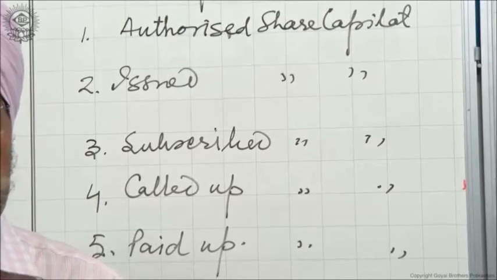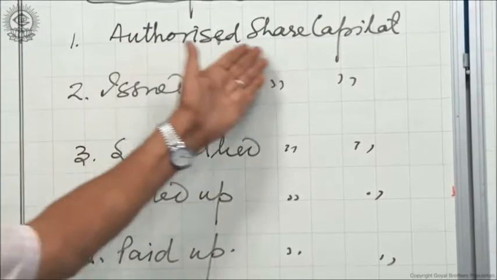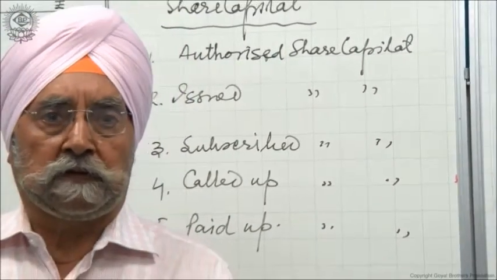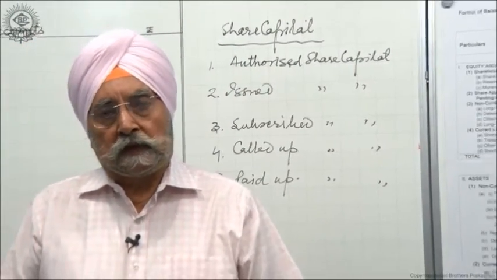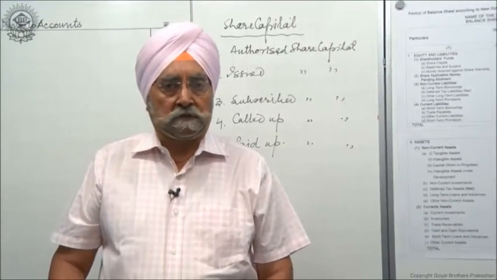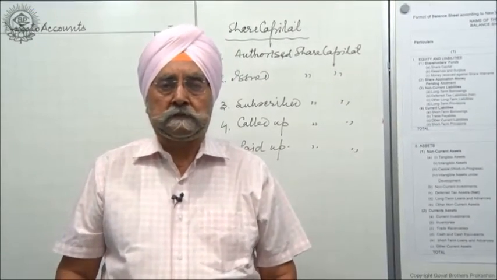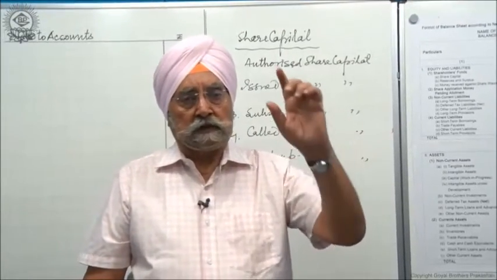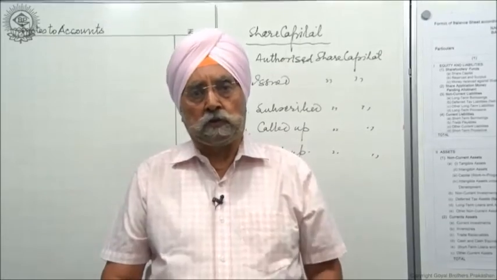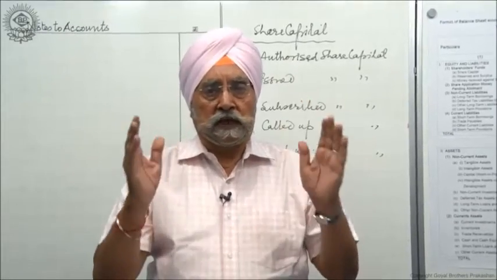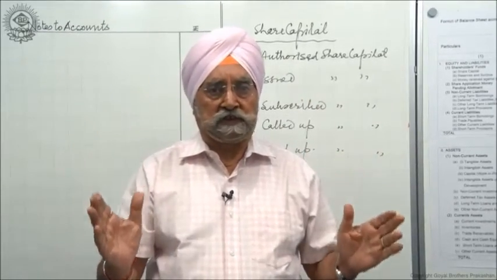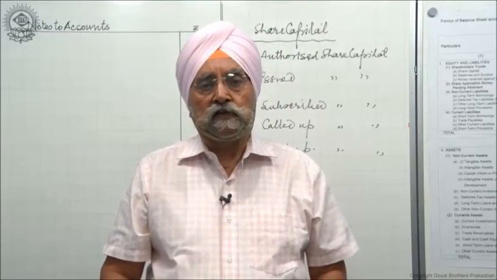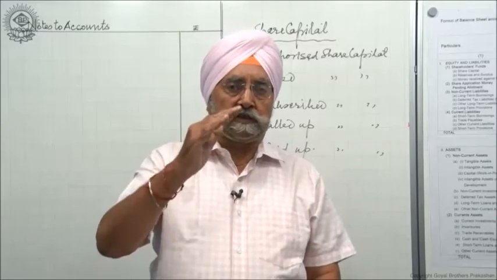First is the authorized share capital. It is mentioned in the memorandum of association of the company under the capital clause. It is clearly mentioned that the company is authorized to issue 20 lakh shares of 10 rupees each. This is the authorized capital.